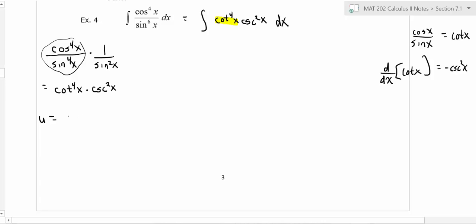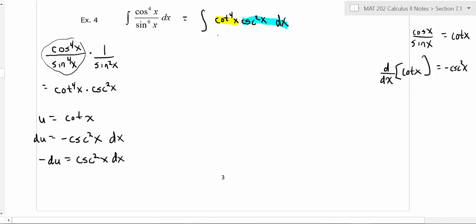So I'm going to let u be the cotangent of x. My thought process is when I take the derivative of the cotangent, I get negative cosecant squared x dx, and notice that is almost the same as the rest of the integral. So I'm just going to multiply both sides by a negative. You can do that. So you would get negative du equals cosecant squared x dx.